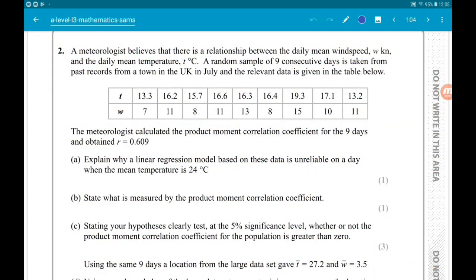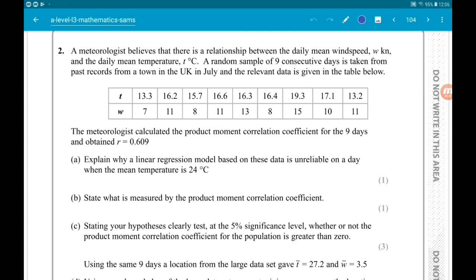Number 2, that's just as fun. So, a meteorologist believes that there is a relationship between the daily mean wind speed, W kilometers, and the daily mean temperature, T degrees Celsius. A random sample of 9 consecutive days is taken from past records from a town in the UK in July, and the relevant data is given in the table below.